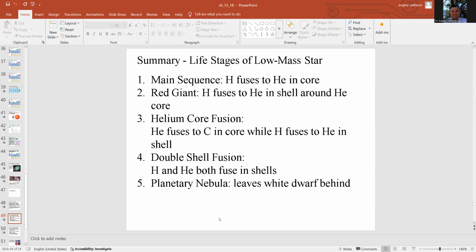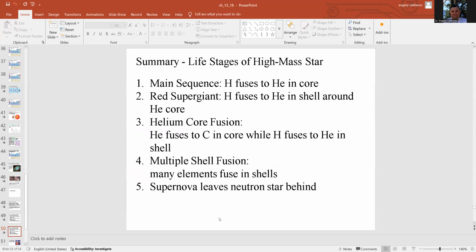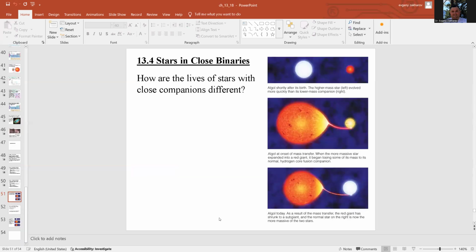So we got the stages of a low mass star and a high mass star, pretty much everything we just discussed. There is one more section in the binaries. Don't you worry about binaries on the final. I'm not including any of those questions, so consider just the first three sections.